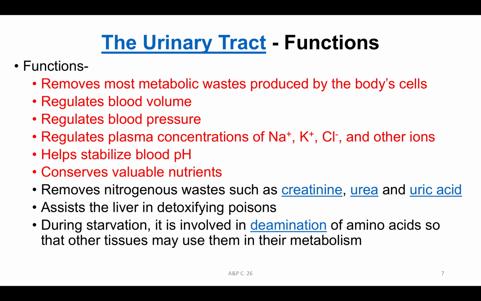It helps stabilize your pH in your blood. It helps conserve nutrients. It's also going to remove nitrogen waste like creatine, urea, and uric acid. It helps the liver detoxify. And during starvation, it can also help in the deamination of amino acids, so other tissues can use those amino acids to metabolize to get some energy out of them.